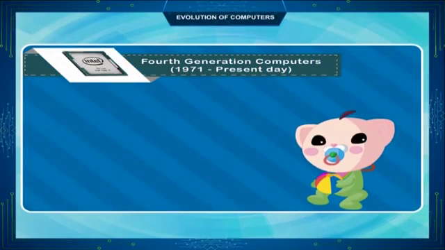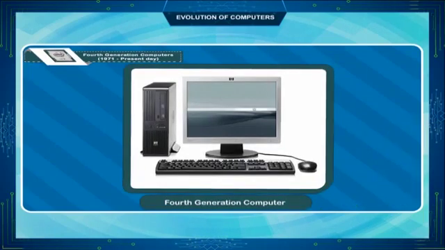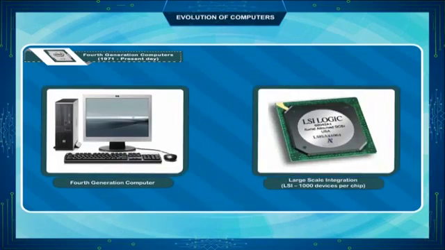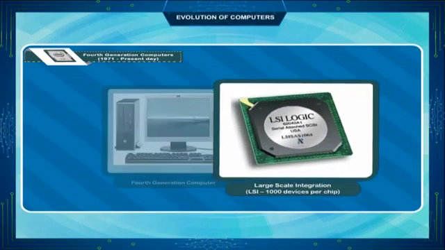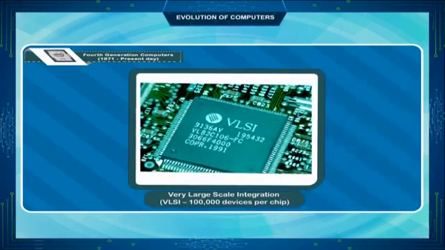Fourth generation computers, 1971 to present day. The fourth generation of computer systems used large-scale integration, LSI, 1000 devices per chip, and very large-scale integration, VLSI, 1 lakh devices per chip, in the construction of computing elements.